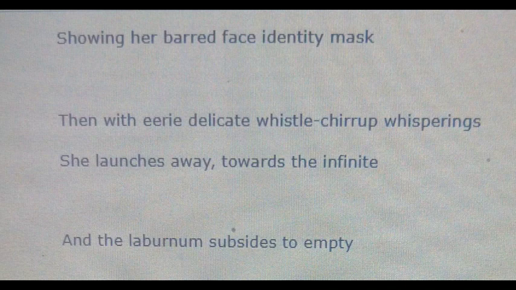And in stanza 2, line 12, showing her barred face, identity mask. So this is a transferred epithet, because mask must have been used with face, but it is transferred with identity. So this is called transferred epithet. And there is alliteration also.